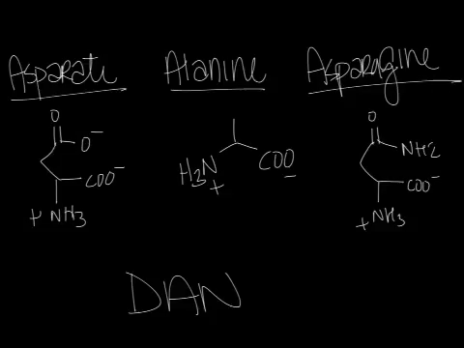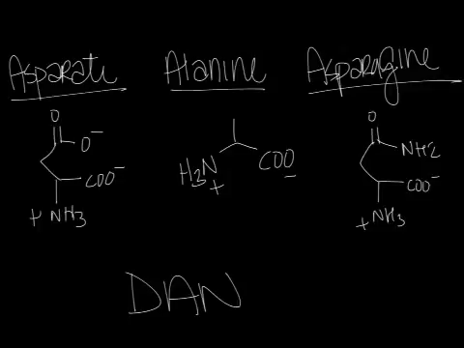To understand Dan, we have to understand 3 different amino acids: aspartate, alanine, and asparagine. A peptide is a conglomeration of multiple amino acids linked together. In all of the amino acids you have an NH3 positive and a CO minus group. These are the linking factors that bring the peptide together.